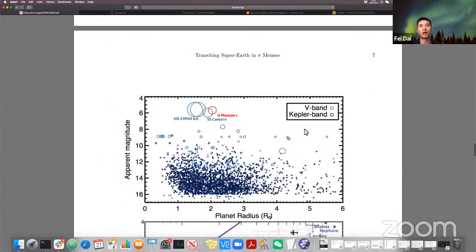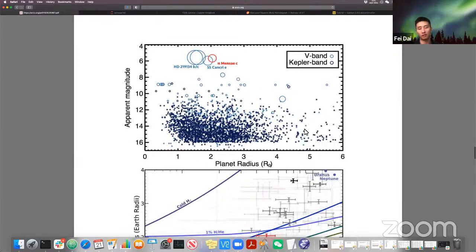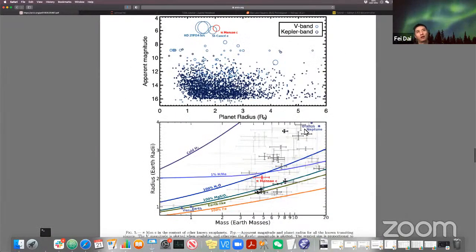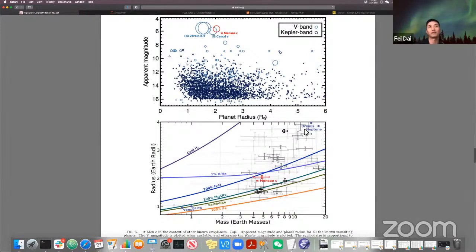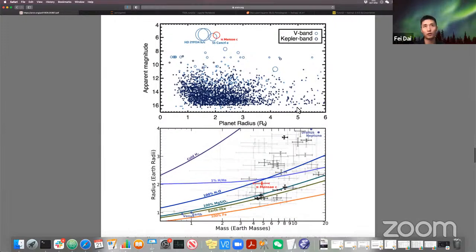So I want to spend some time on these two plots. These two plots show us the significance of this inner planet discovery. The upper panel shows the planet size versus the apparent magnitude of many of the exoplanets we have discovered.